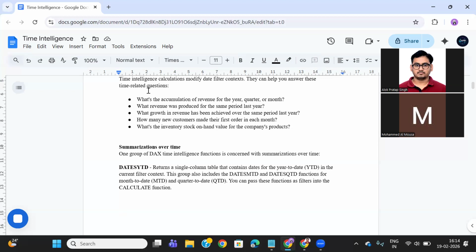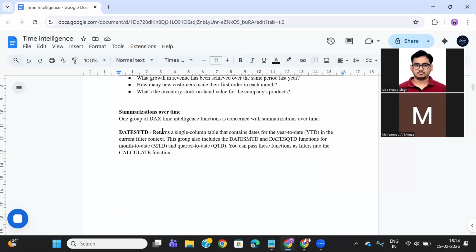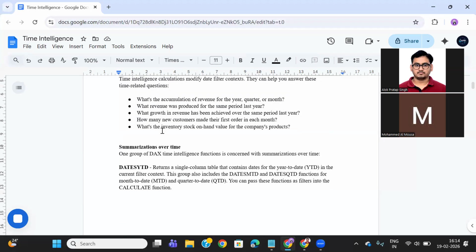So if it is said to you that I want the revenue for this year to this date, this is an example of summarization. If someone says I just want to get revenue till this month, this month to this date, or this quarter to this date, that is summarization over the time.